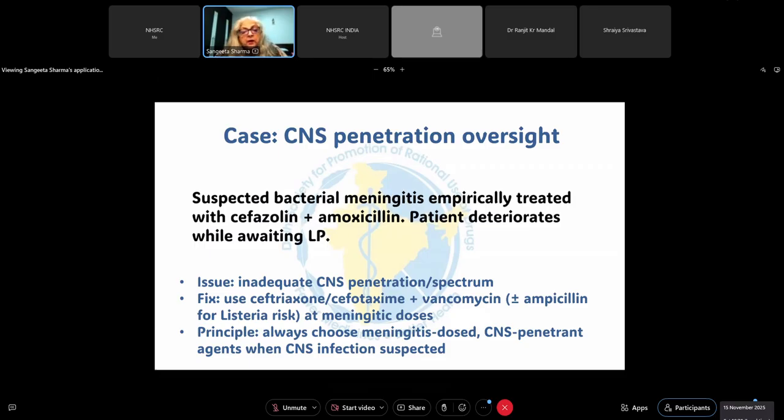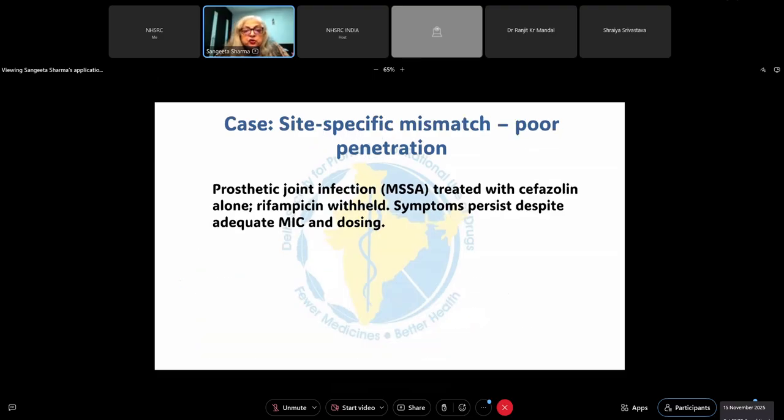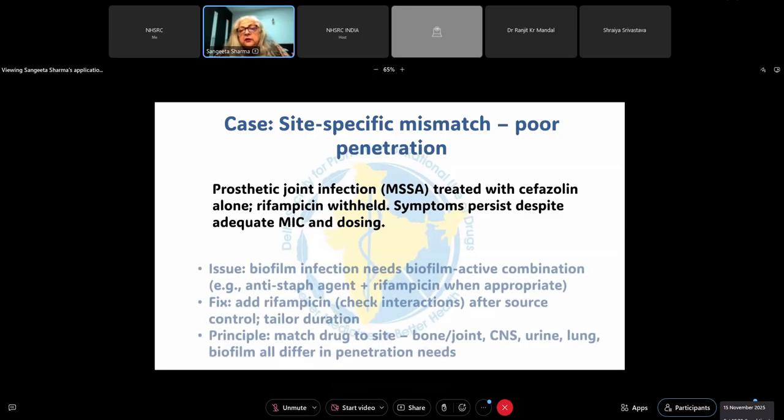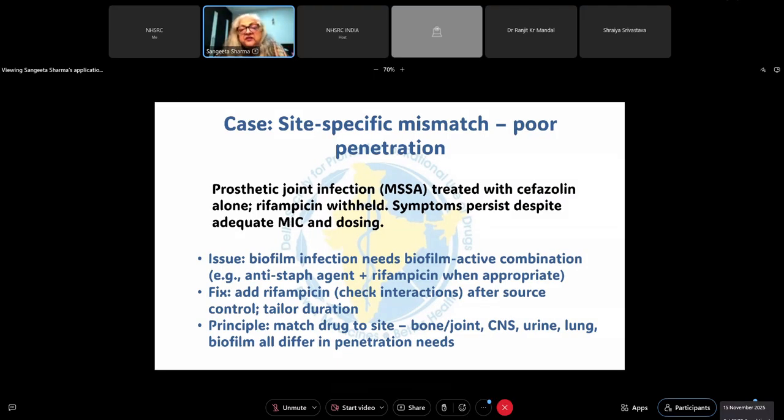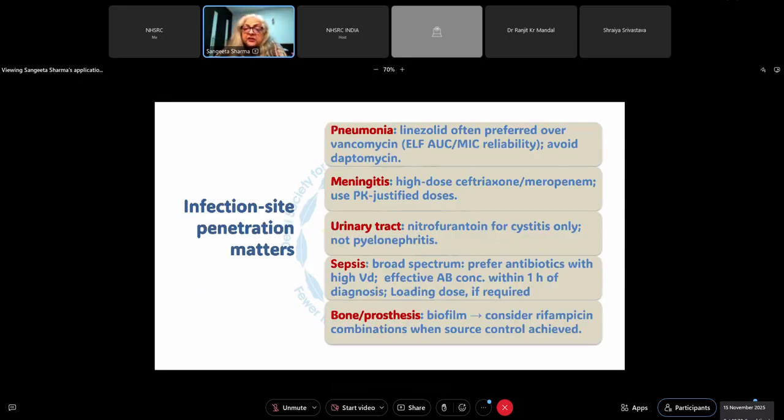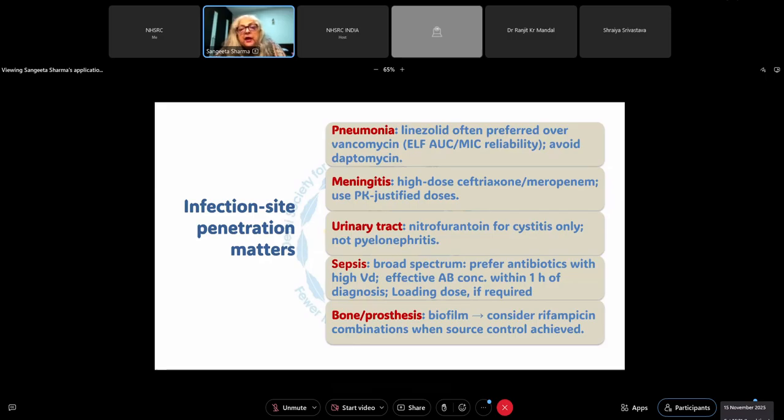Similarly, which drug should you give in meningitis, which drug in prosthetic infections. Today I don't have much time to go through all these things, but site specific infections can also decide the choice of antibiotic. For example, linezolid is preferred over vancomycin, but you don't use daptomycin in pneumonia.